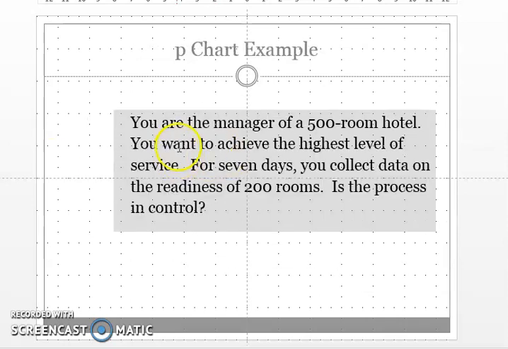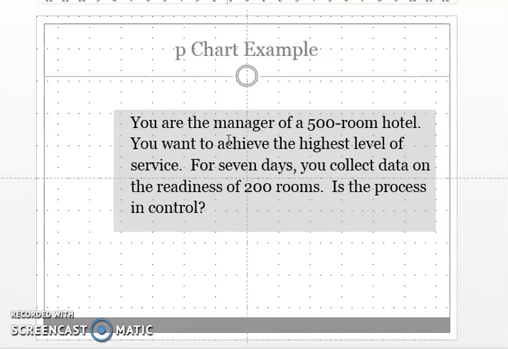After that, one more example is given to understand the P chart. You are the manager of a 500 room hotel. You want to achieve the highest level of service and customer satisfaction, and for that purpose, for 7 days you collect data on the readiness of 200 rooms.